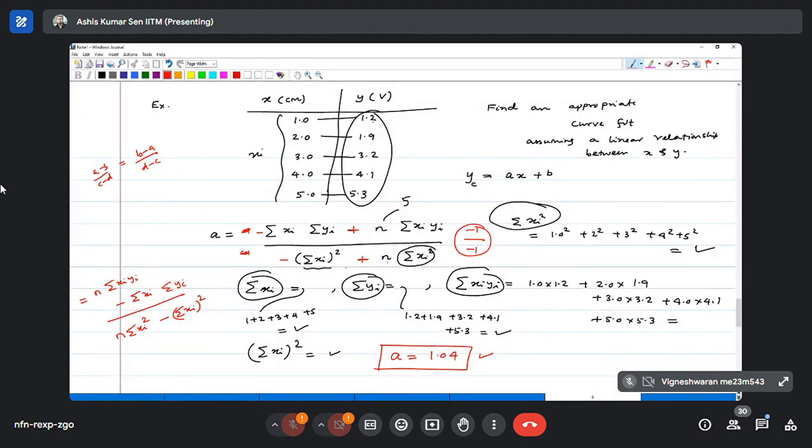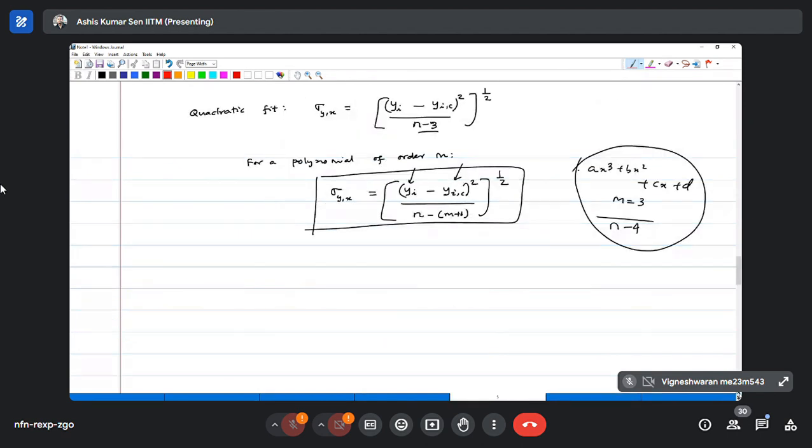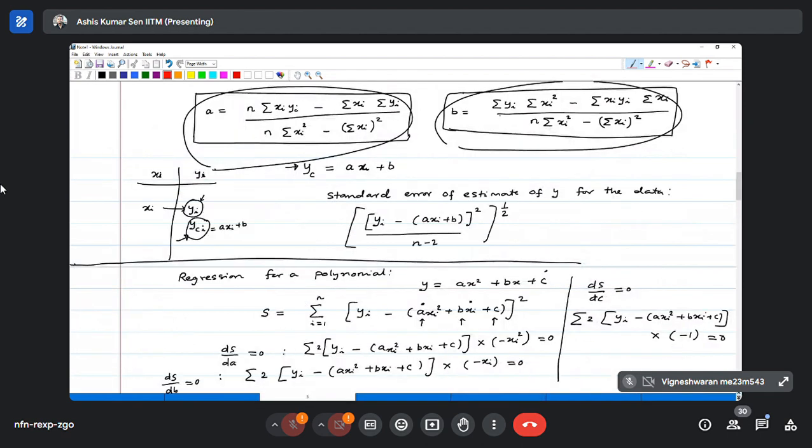Now, I need to calculate B. So if I go to the formula here, I have sum yi into sum xi square minus sum xi yi into sum xi, divided by n into sum xi square minus sum xi whole square.